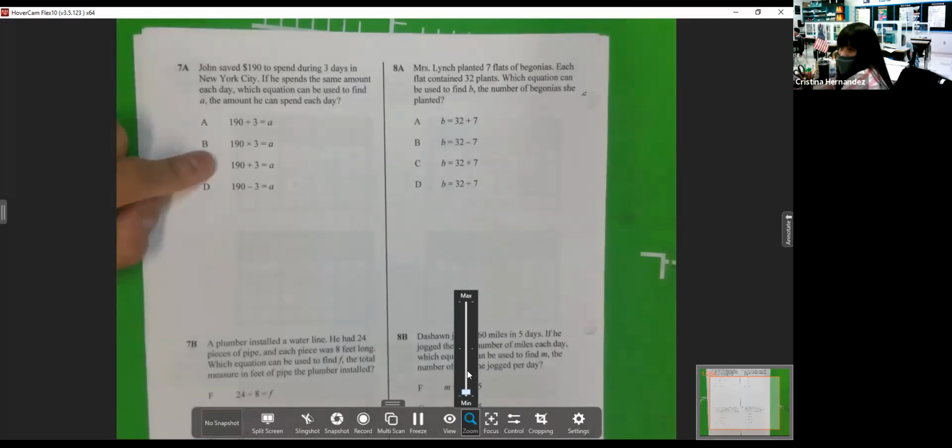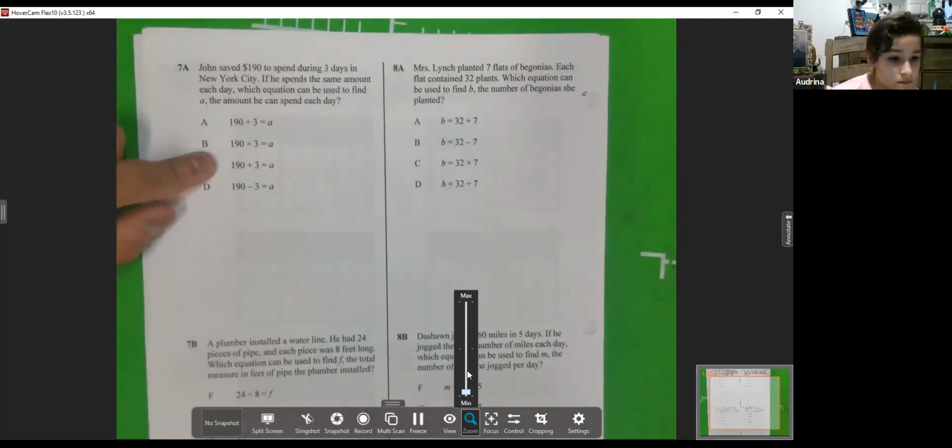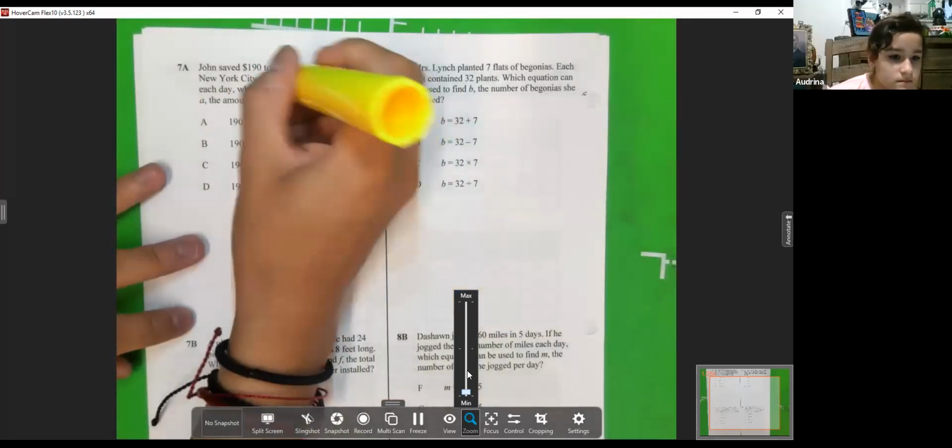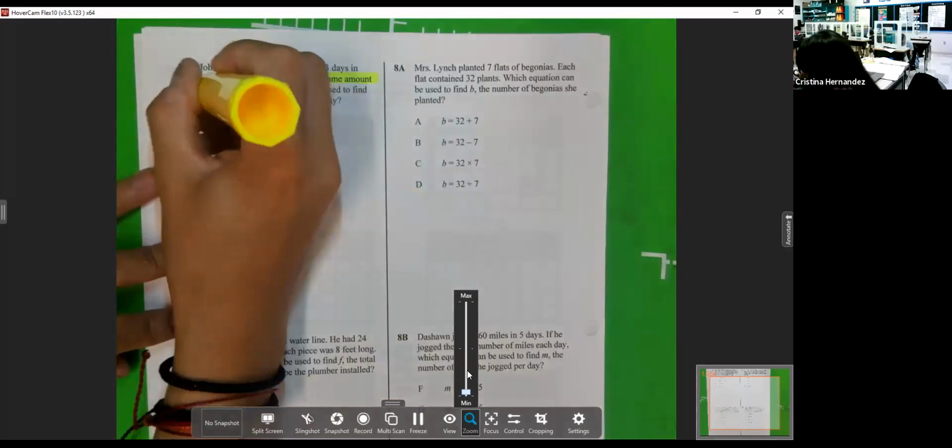7A, page 10. We're there? Y'all are here? Okay. So John saved $190 to spend during 3 days in New York City. If he spends the same amount each day, which equation can be used to find A, the amount he spent each day? Highlight, underline your question. If he spent the same amount each day.